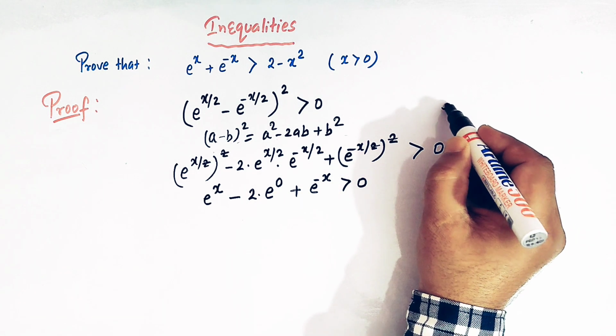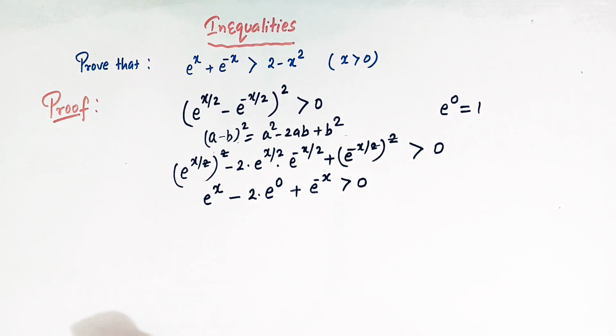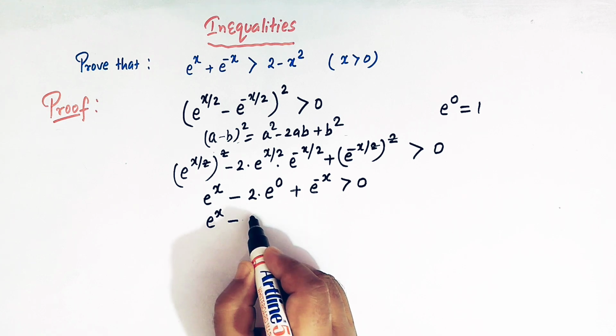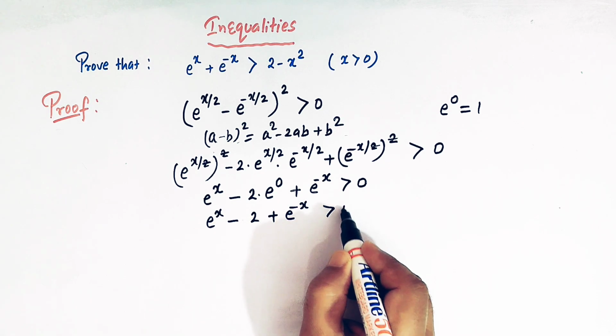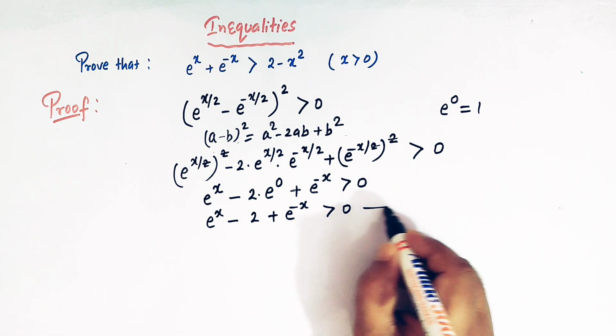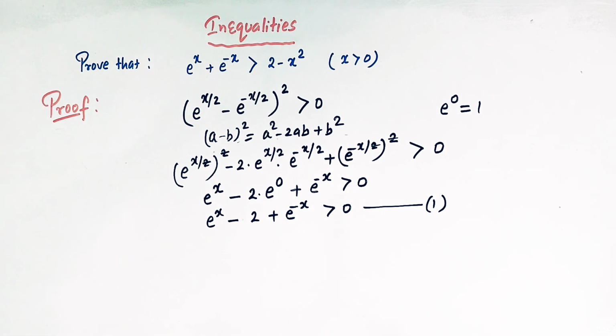Now we know that e^0 is equal to 1, so we have e^x - 2 + e^(-x) greater than 0. So now we have arrived at this inequality.